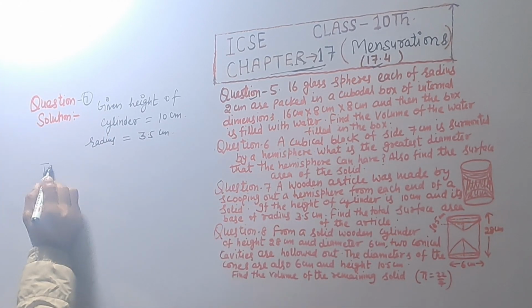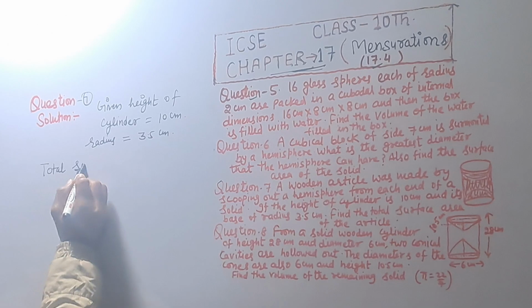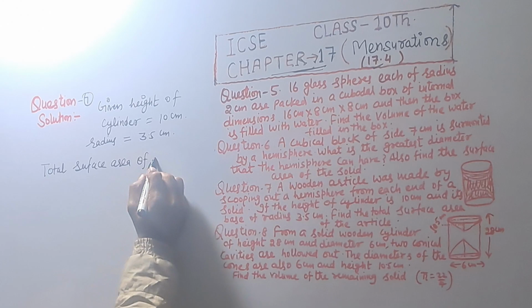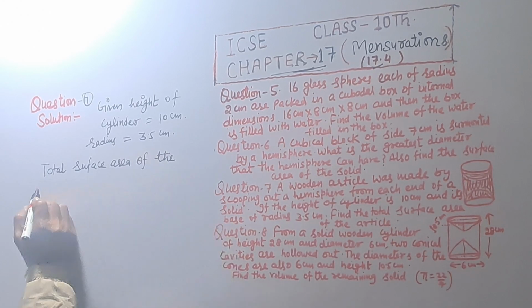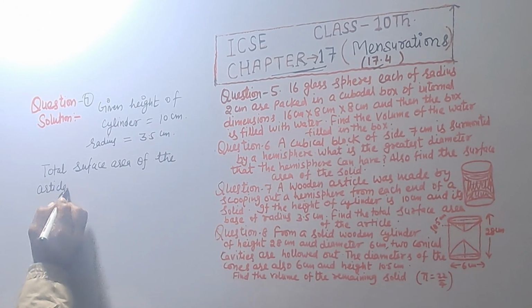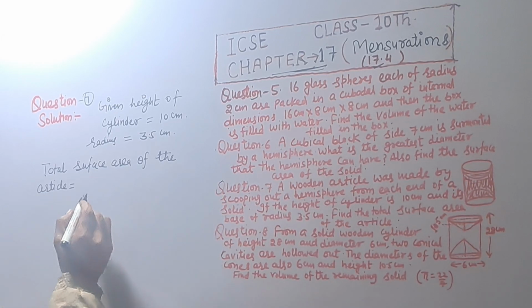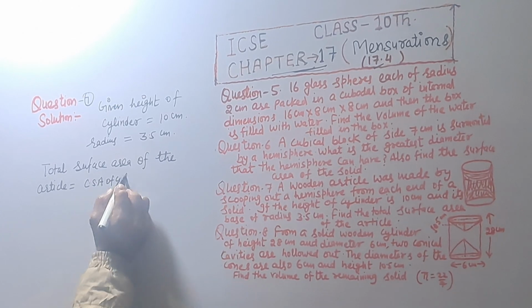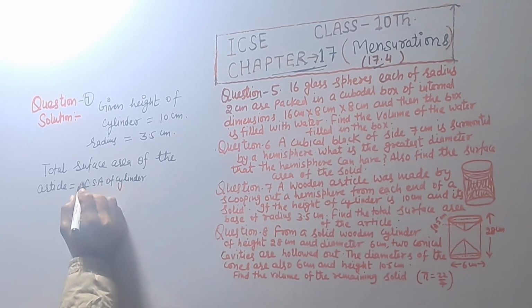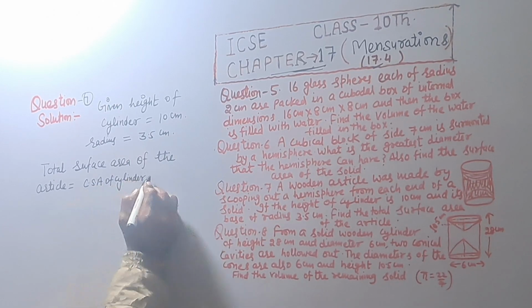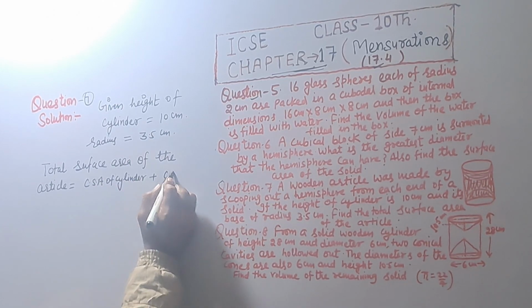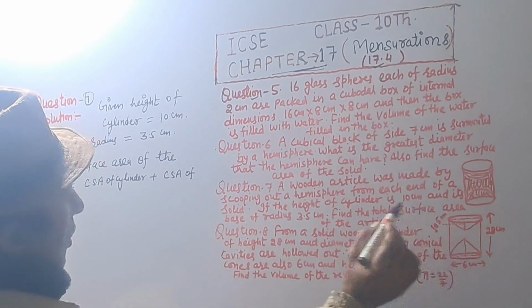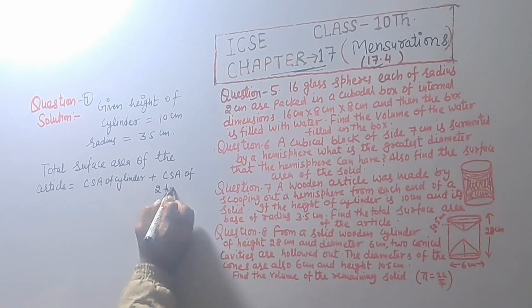We find total surface area of the article, that is equal to curved surface area of cylinder plus curved surface area of two hemispheres.